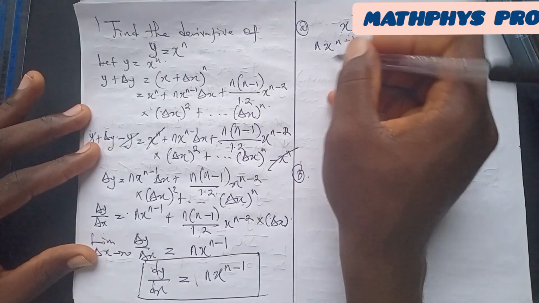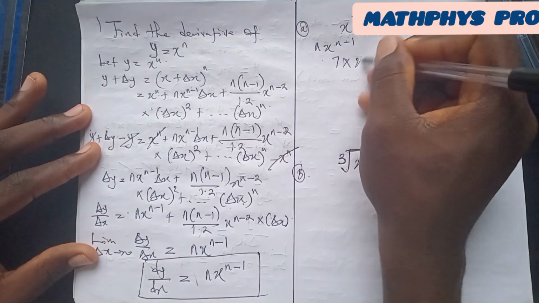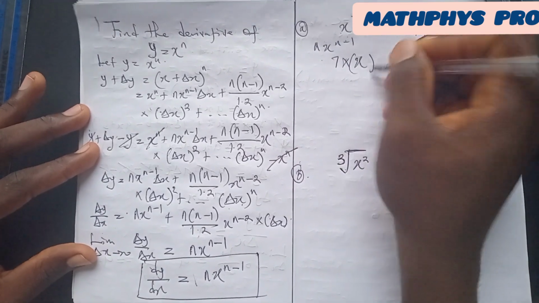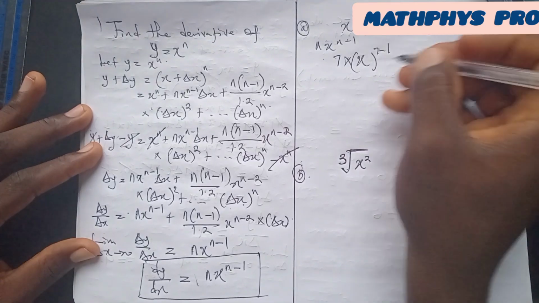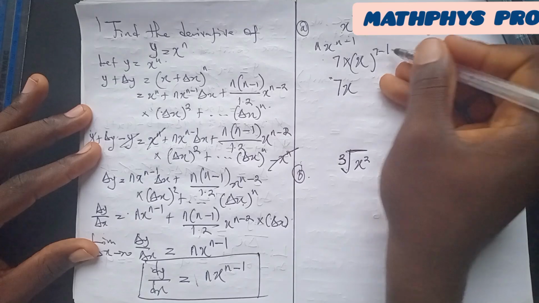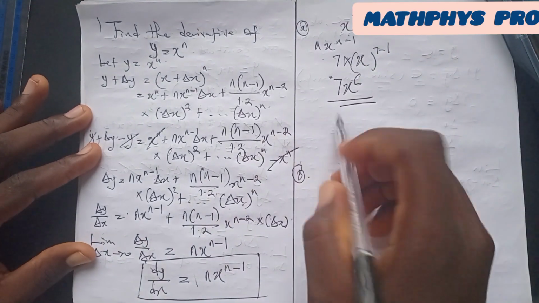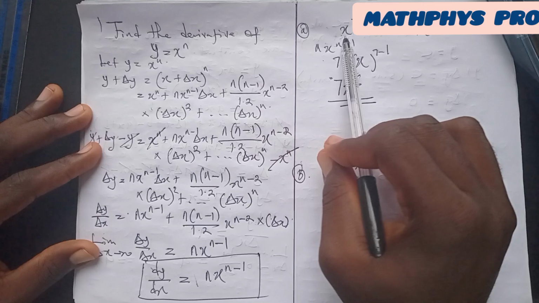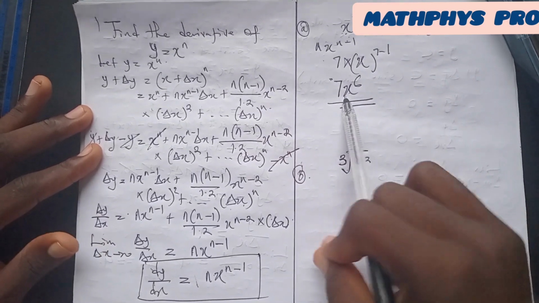So we say 7 times x raised to the power 7 minus 1. 7 minus 1 is equal to 6. So the derivative of x raised to the power 7 is 7x raised to the power 6.